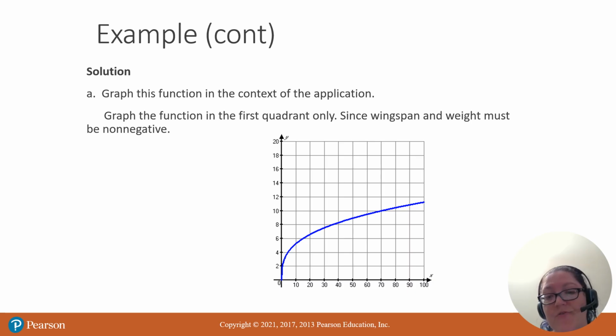You may need to scroll out further, and you can see the basic shape of this graph. It has this curve here, and this is our power function. The power is 0 point and then a number. Because that number was less than 1, this is why we have this shape to it.